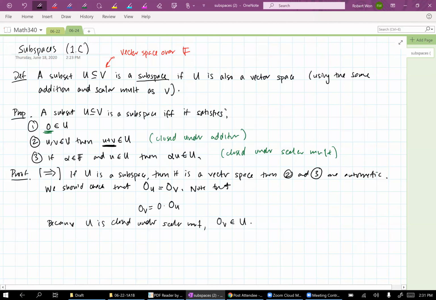Because this is a vector in U, here's a scalar, so when you multiply, you need to get a vector in U.